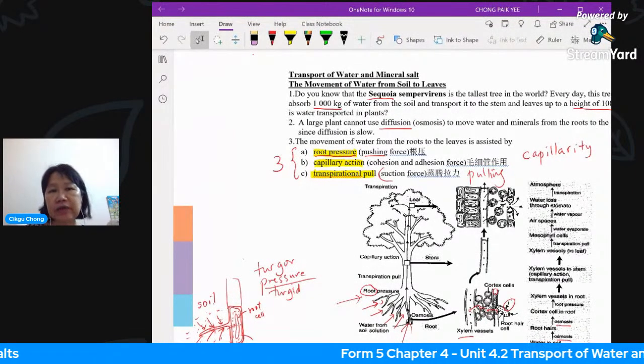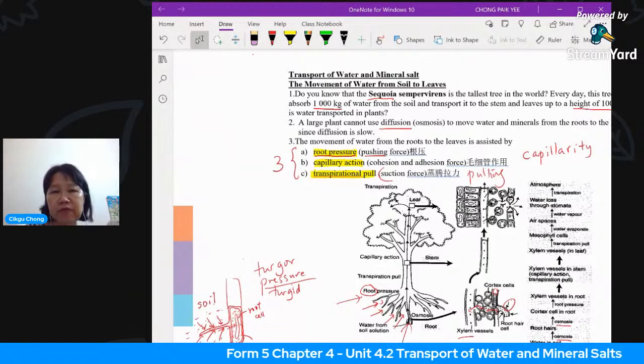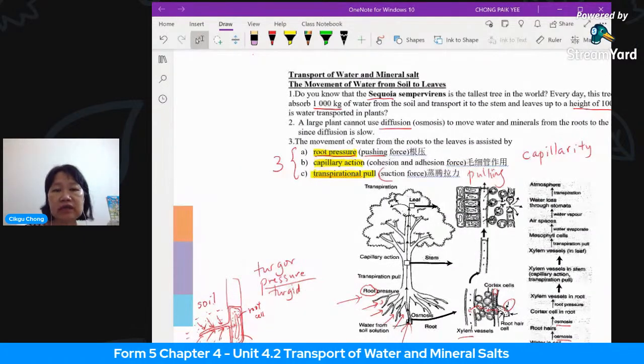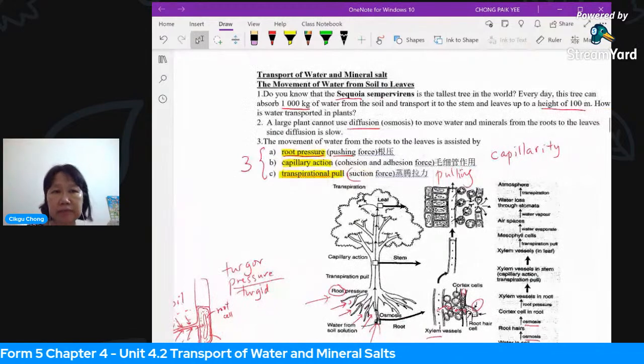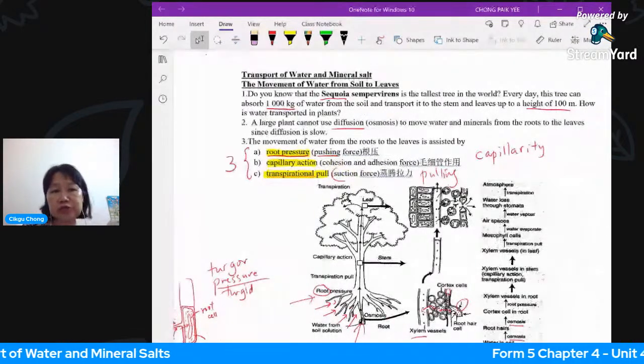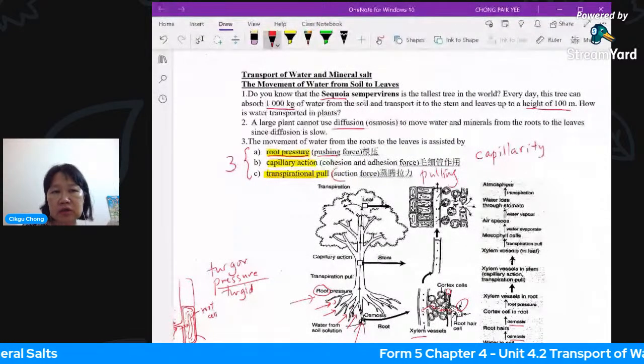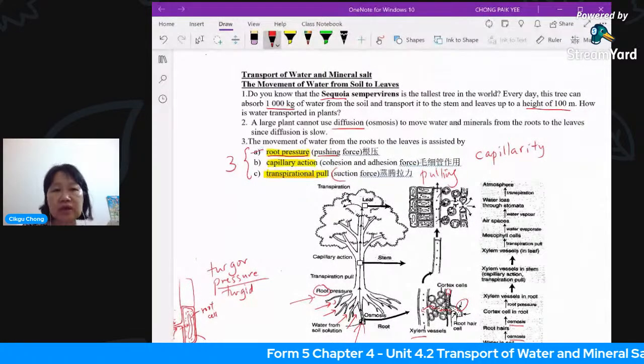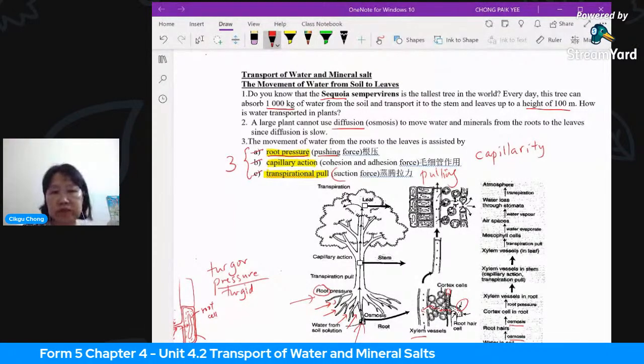Now let's look at the three very important factors that allow the water to be pulled up until it goes to the leaves. You need to remember the root pressure, capillary action, and also transpirational pull.